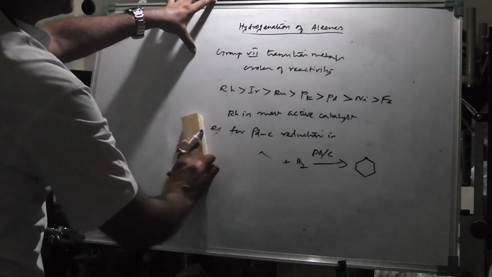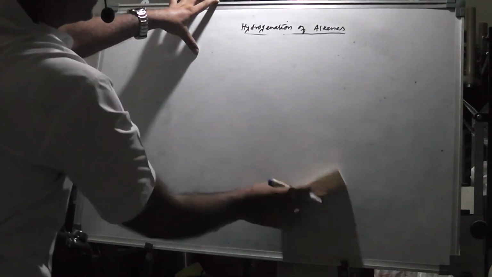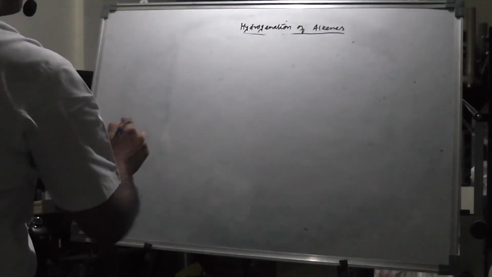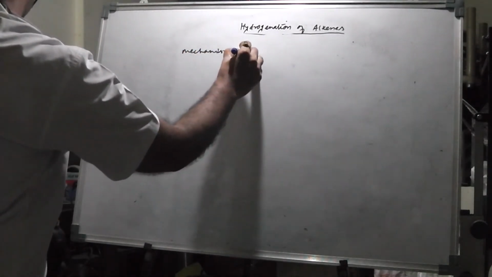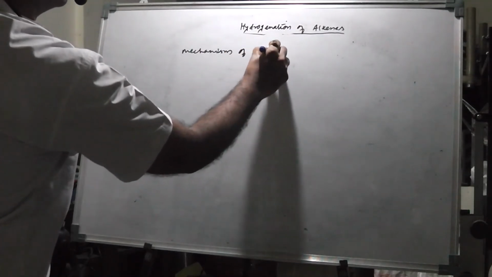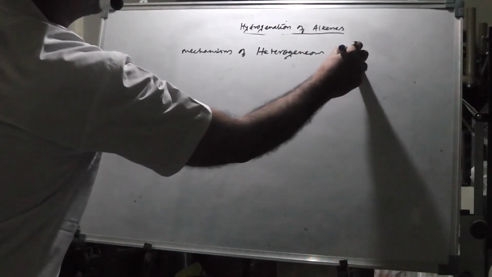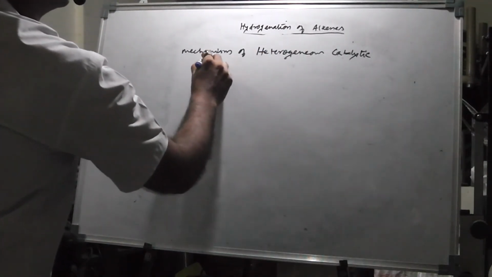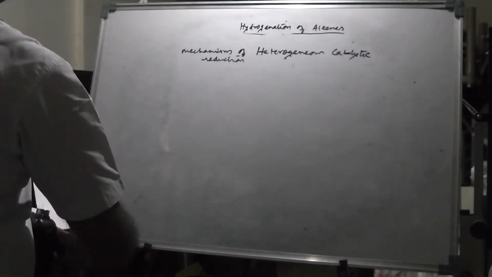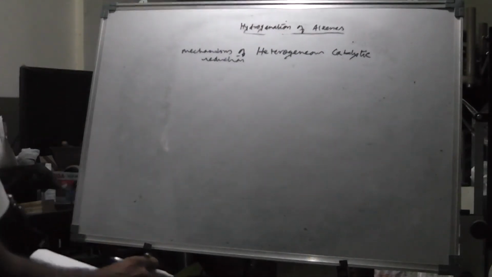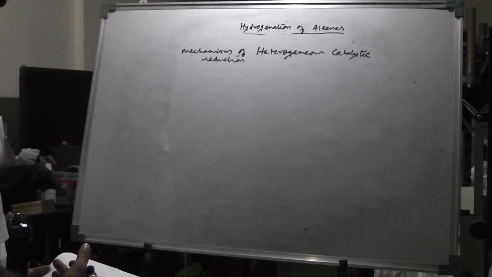Mechanism of reduction: heterogeneous catalytic reduction. Adsorption process needs to be considered for viewing the mechanism of heterogeneous catalytic reduction of alkene.